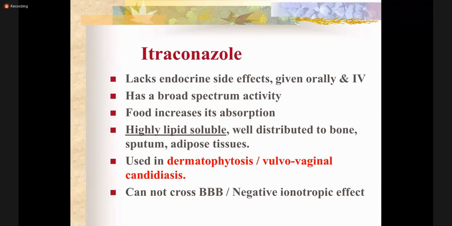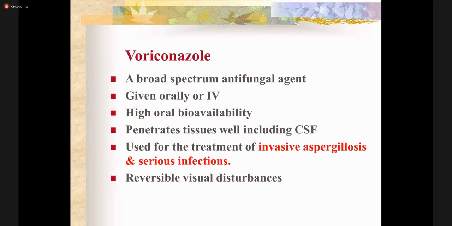Negative inotropic means that it affects the heart, and it reduces the force of contraction or heartbeat. So they have negative effects on the heart. Inotropic, you also know, are the drugs that increase the rate and the force of contraction. Voriconazole, and this is again for the CSF and invasive aspergillosis.